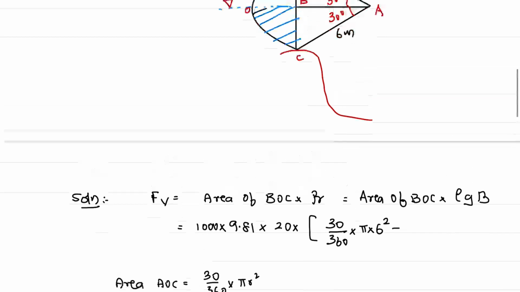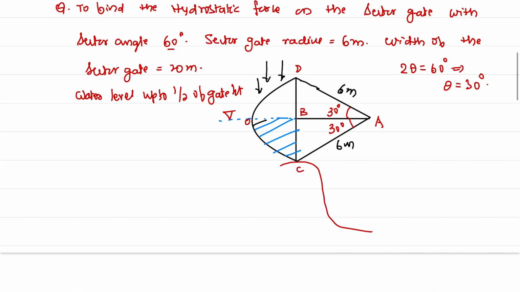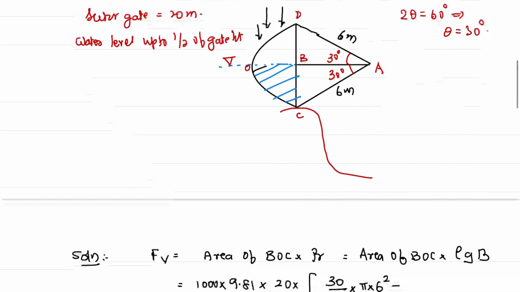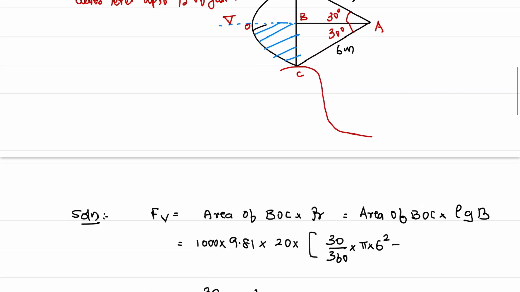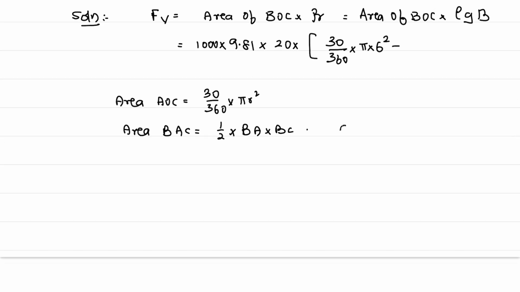What is the value of BC? CA is 6 meters. We have to find BC. What is the value of BC? We found it in the last class. BC is equal to 3 meters.